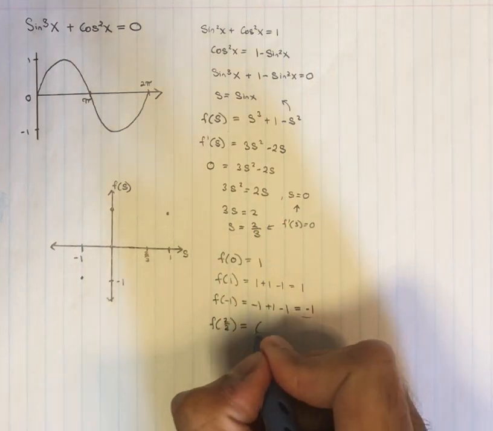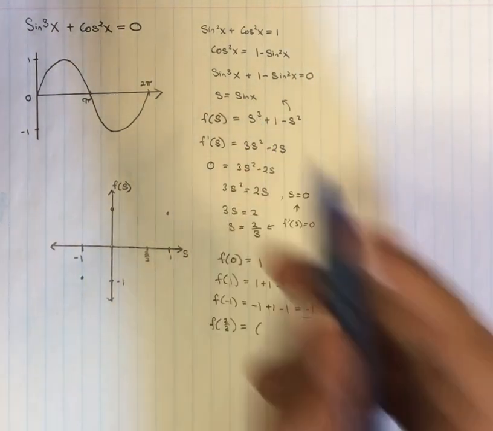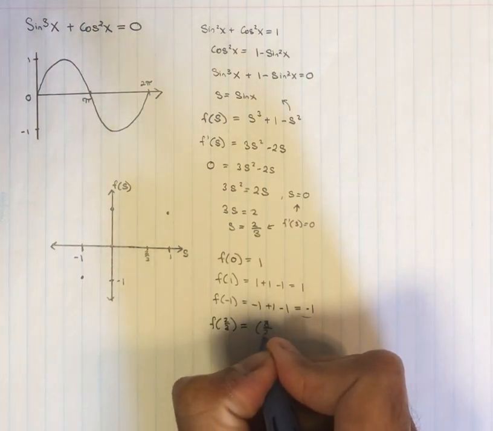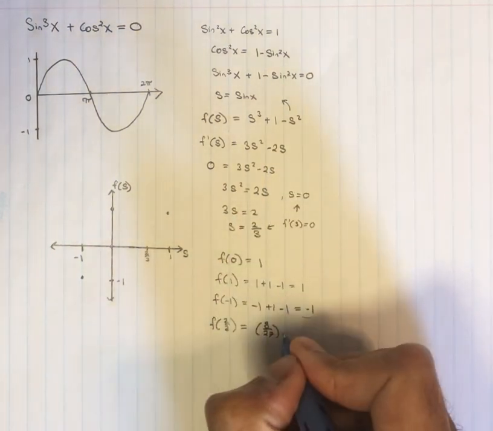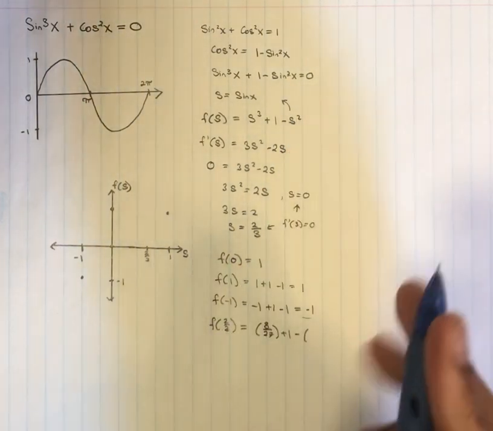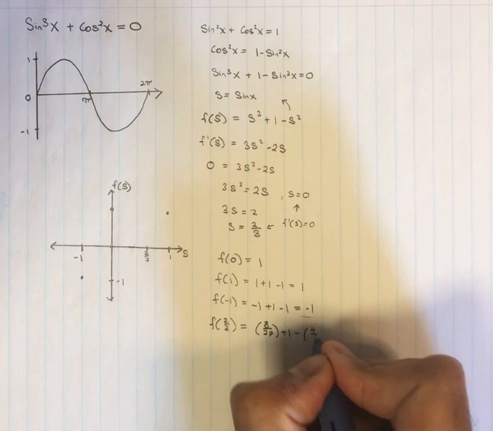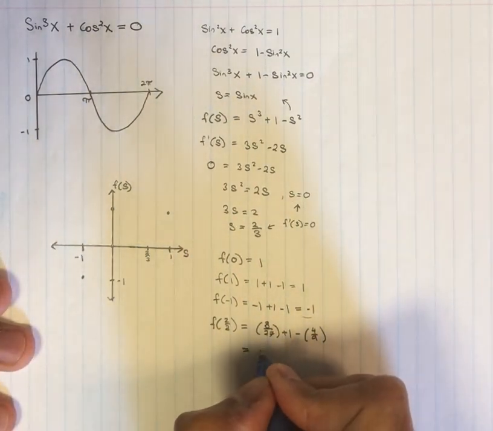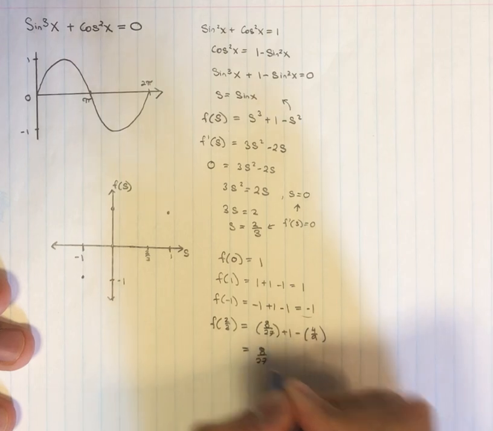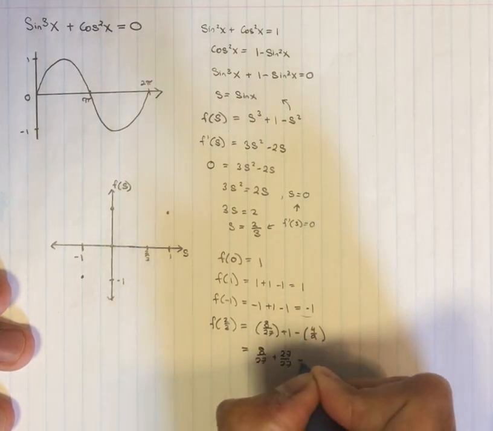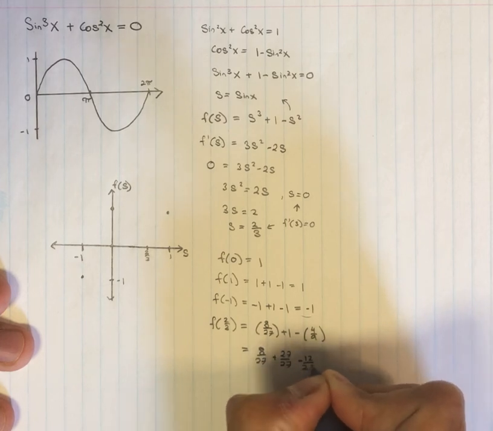So f of 2 over 3 would be 2 cubed over 3 cubed. So that's 8 over 27 plus 1 minus 2 over 3 squared, so 4 over 9. If we simplify this, this is 8 over 27 plus 27 over 27 minus 12 over 27.